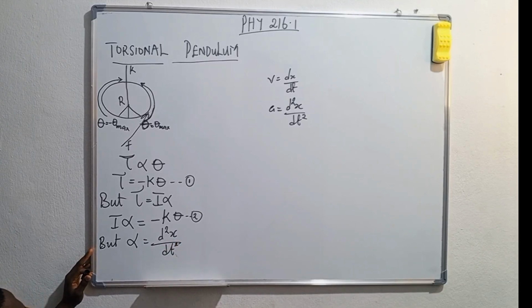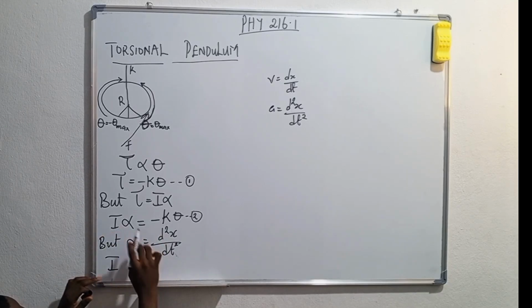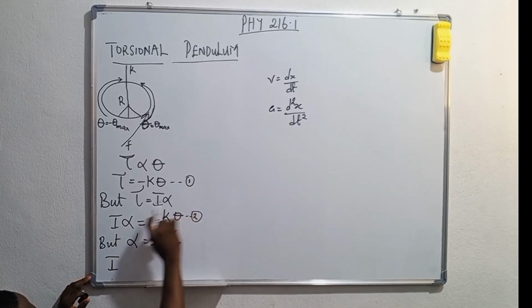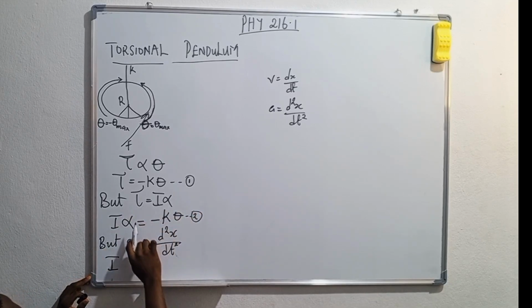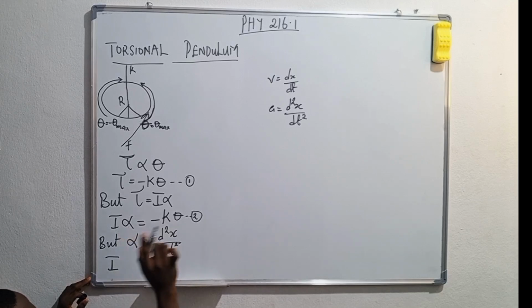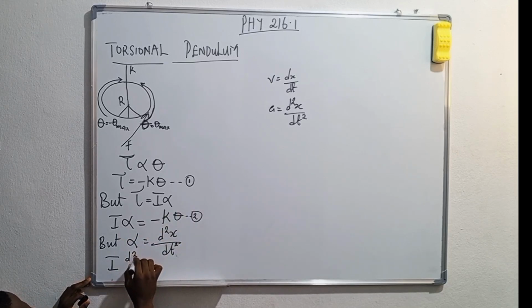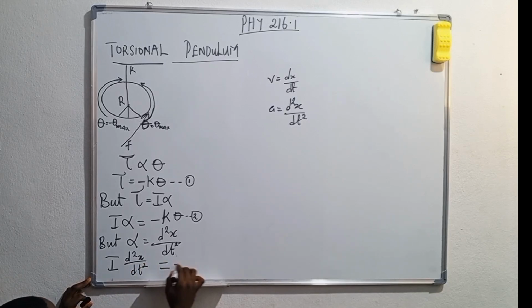So what we have here is I multiplied by, in this case, we are not just taking alpha, but we are considering alpha to be the second derivative, d square x over dt square, and this is equal to minus k theta.